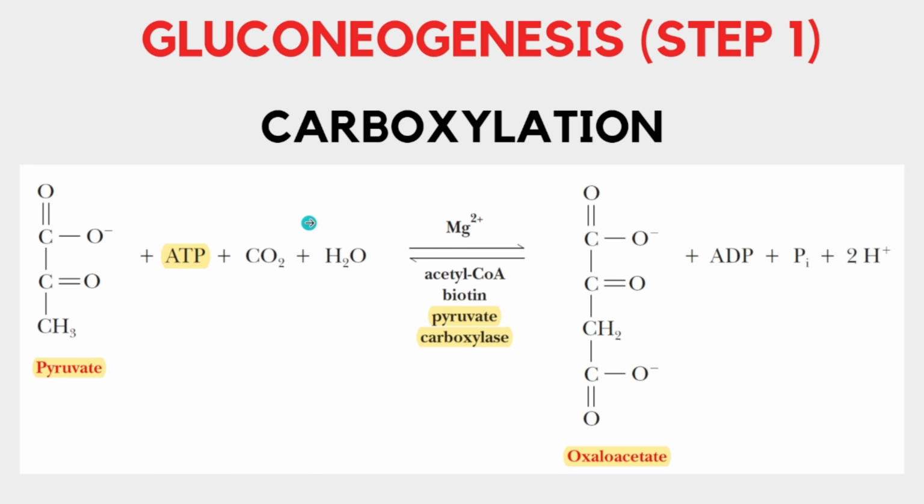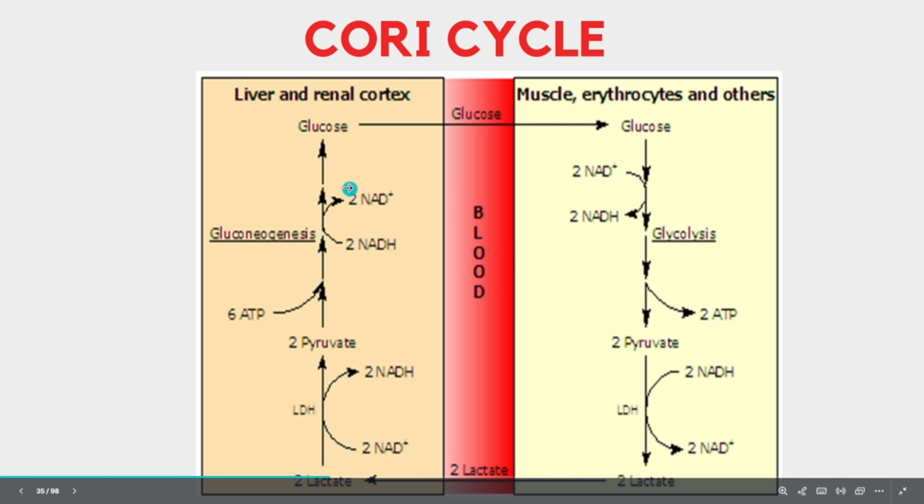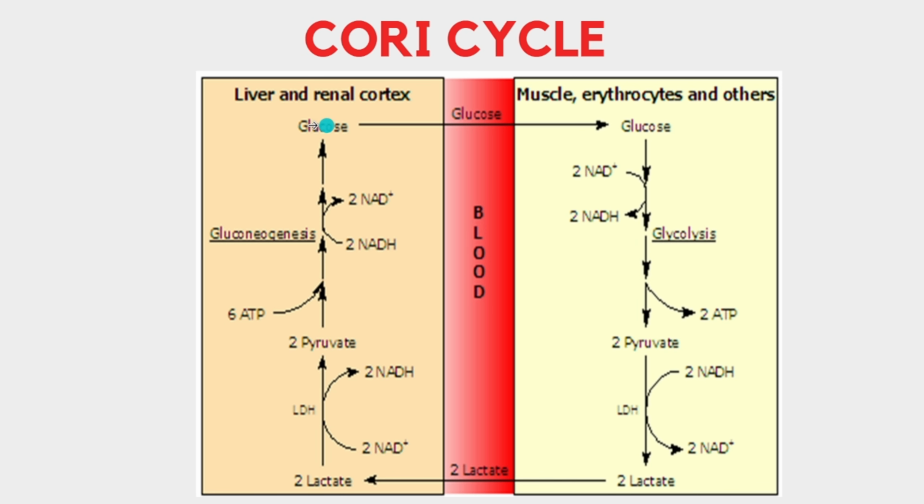After the glucose is formed in the liver, it will diffuse into the blood, and the blood will transport it from the liver to the muscle, where it becomes an energy store for the next burst of exercise.